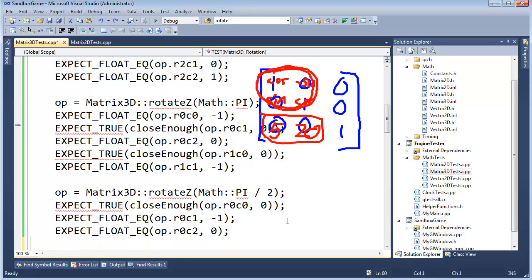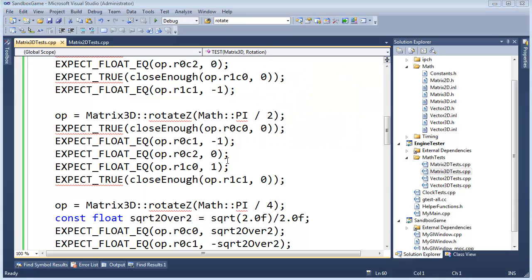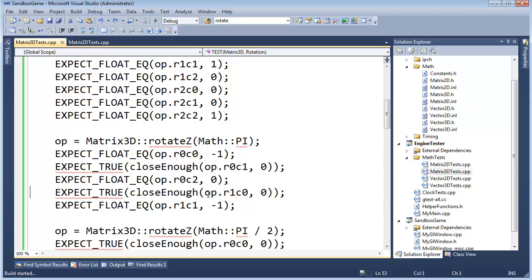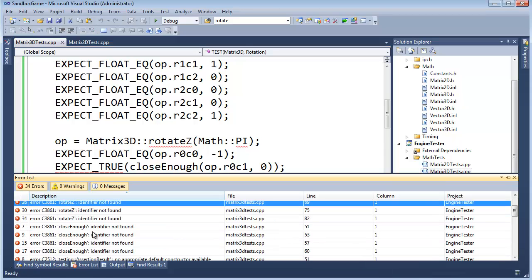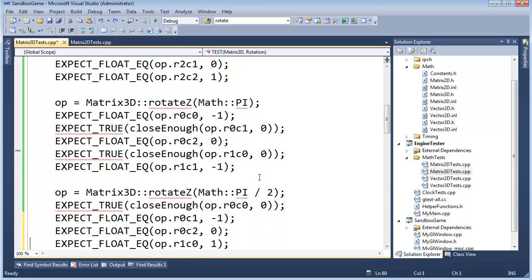I don't dare fix it later. Let's just Control Z until something builds. Close enough. Oh, dummy. Let's Control Y all that back in now.